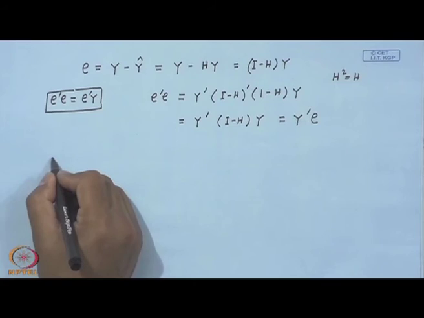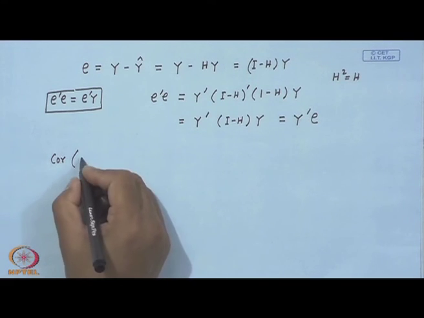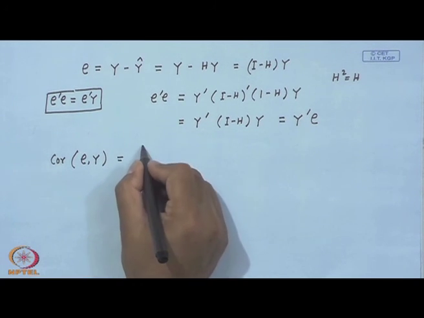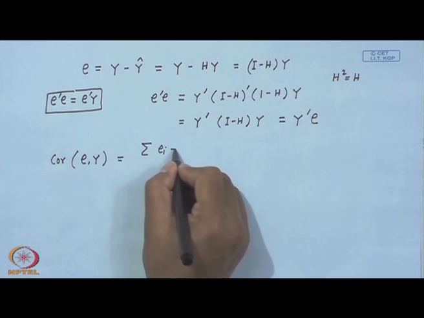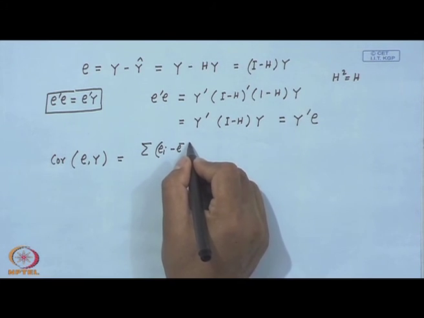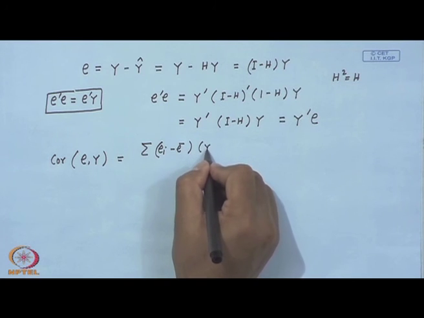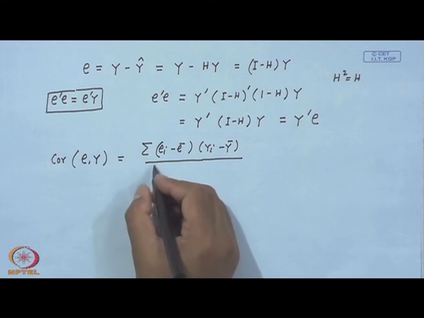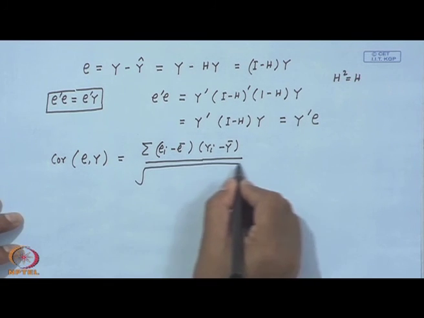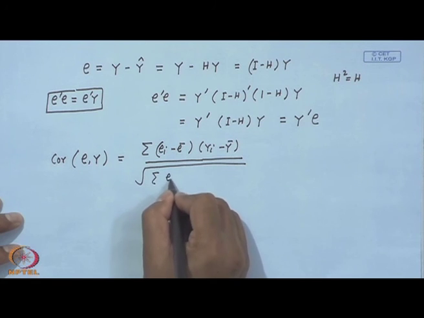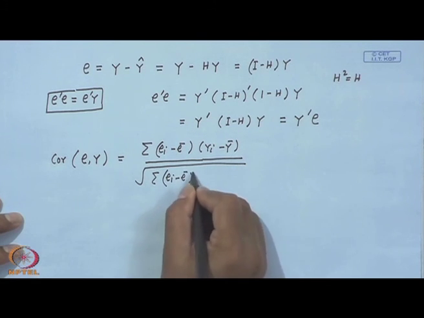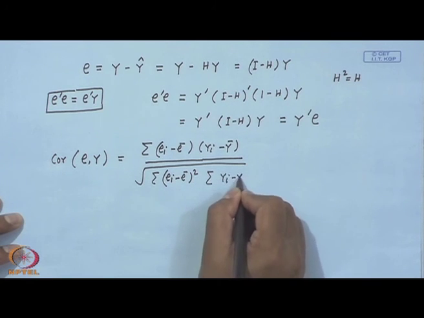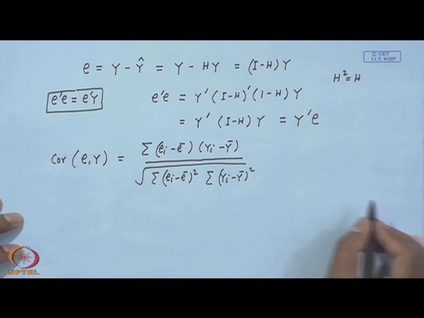We want to find the correlation between E and y, which is equal to summation (E I minus E bar)(y I minus y bar) divided by the square root of summation (E I minus E bar) square times summation (y I minus y bar) square.